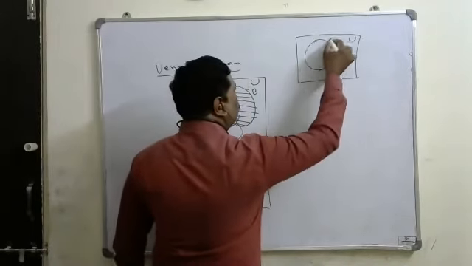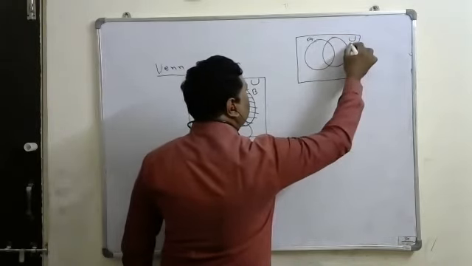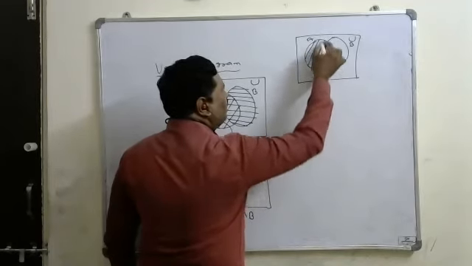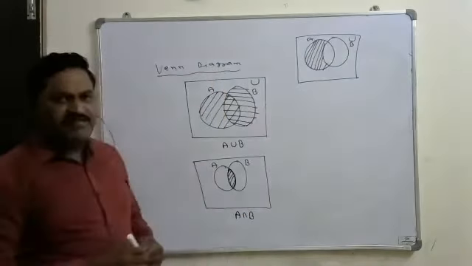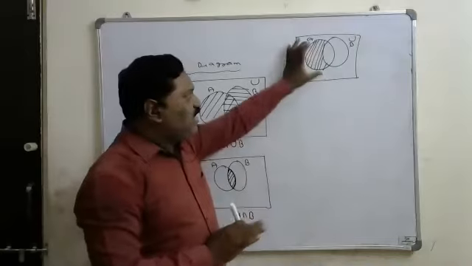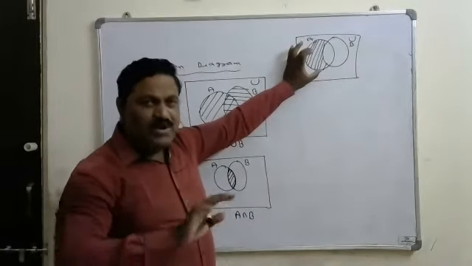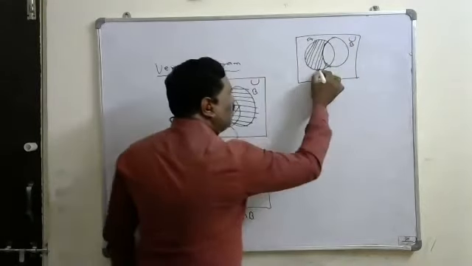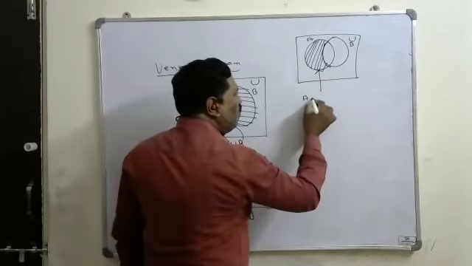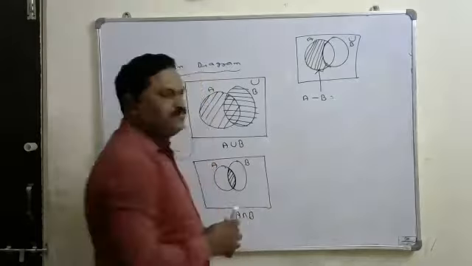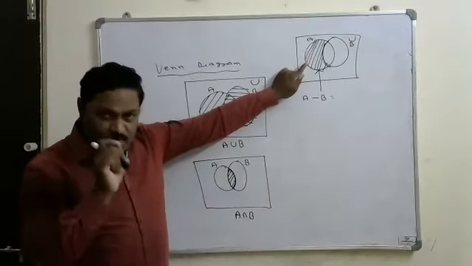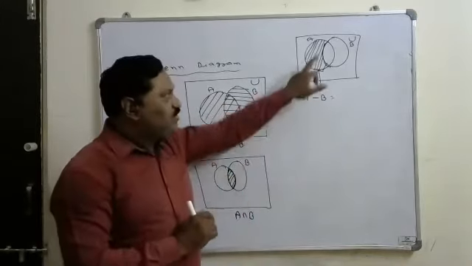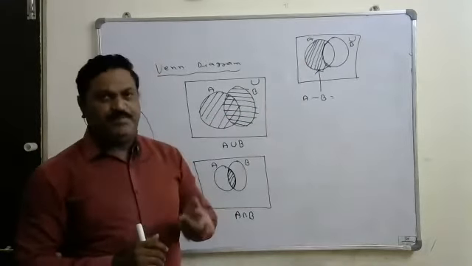Similarly, consider this Venn diagram. This is the universal set, and there are two sets, A and B. If I consider the area which is available in set A only but not in set B, that means from set A we are separating the B part. That's why this hashed area represents A minus B. This is the area available in A only but not in B, the difference of A and B. Understand?